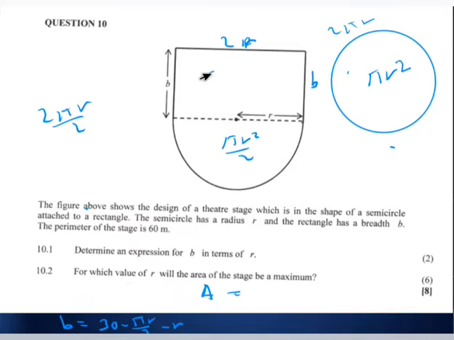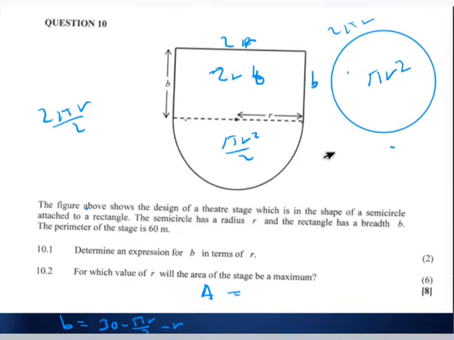So it's going to be length times breadth. So the length is 2r, right? Why is it 2r? Because we've got r here and we've got another r here. So if this is 2r, that has to be 2r. But either way, it doesn't matter which one you refer to. Remember, it's just length times breadth. So we have pi r squared divided by 2, which is the area of the semicircle, and then the area of the rectangle is length times breadth, right?